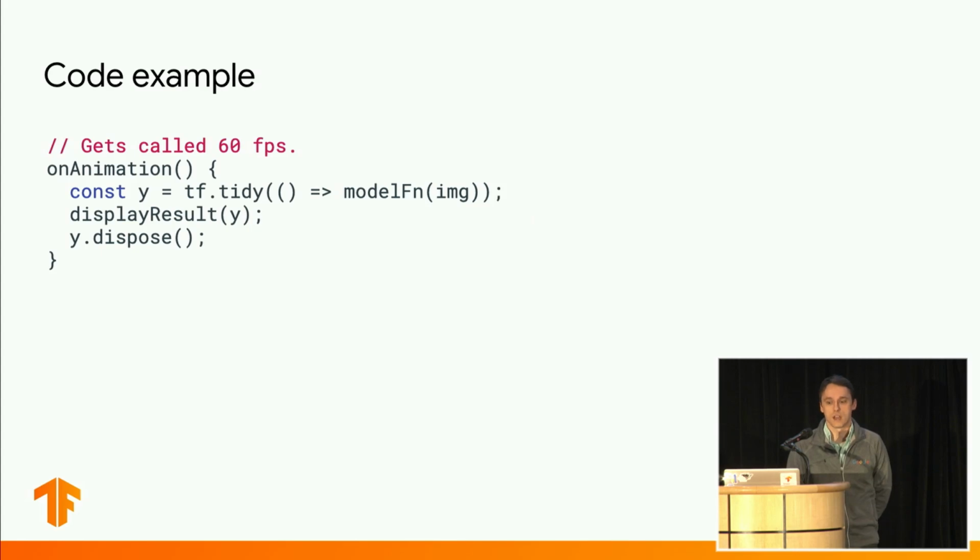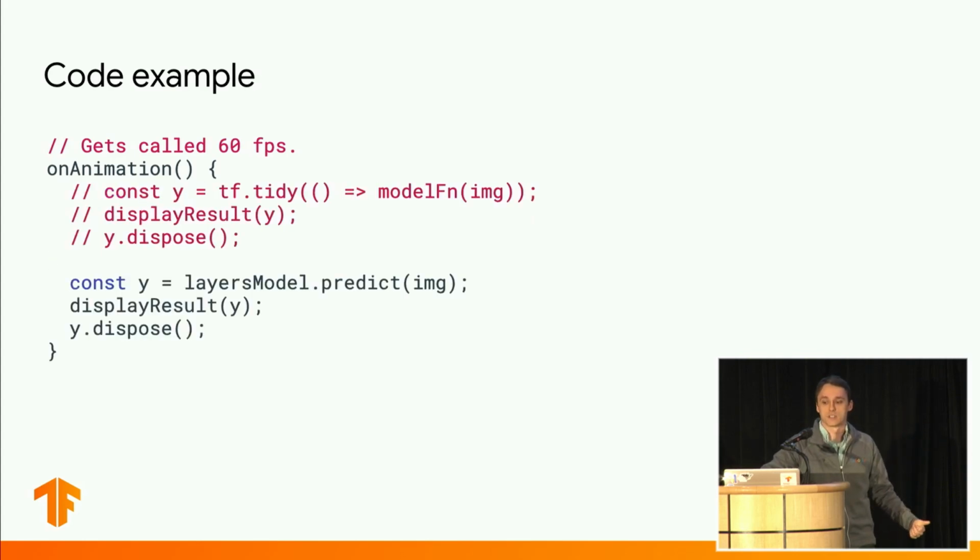We have a function on animation, which gets called, let's say, 60 frames per second, and we run the image through our model function, and then we display our result. And here we have to wrap it in a tidy, and tidy is just a scope that we introduce, so it can monitor all the tensors inside, and then dispose everything but the result. So that's why Y is the only thing that we need to dispose.